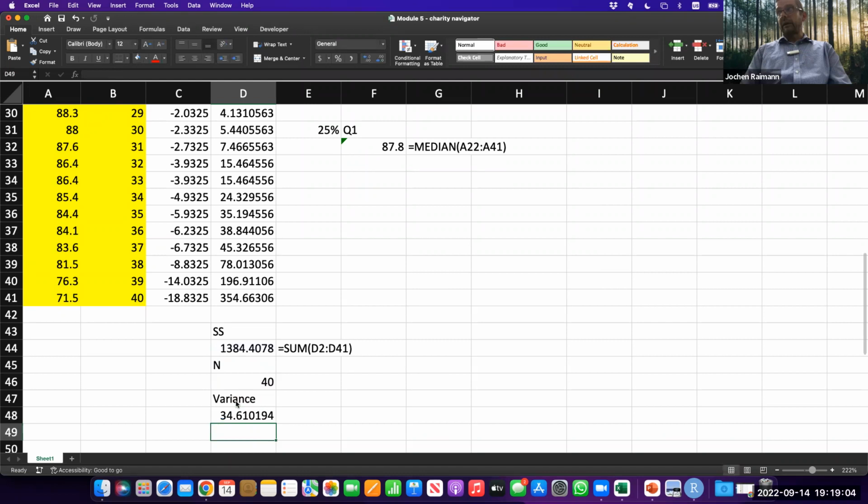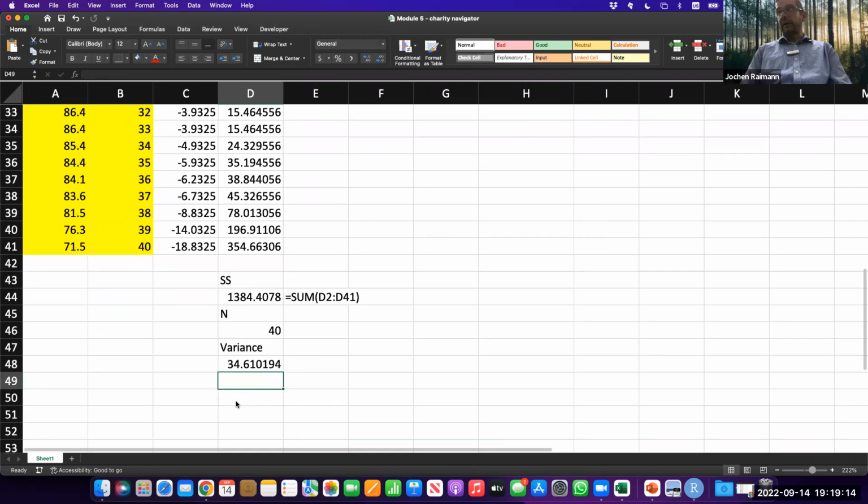So our variance is 34.6. And now, as said, the variance is the squared standard deviation. To get from the variance to the standard deviation, you just need to calculate the square root, SQRT, of the variance. That's all that's needed.